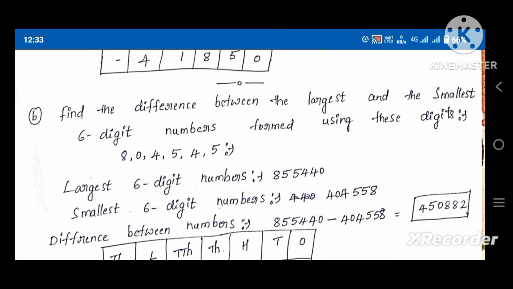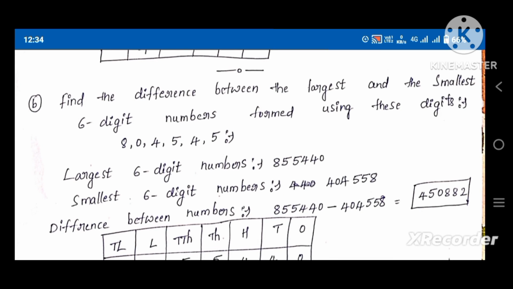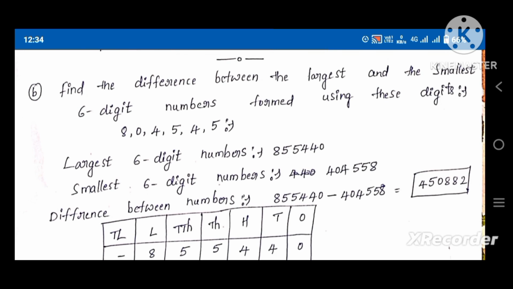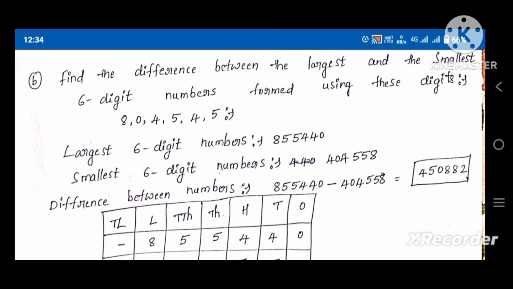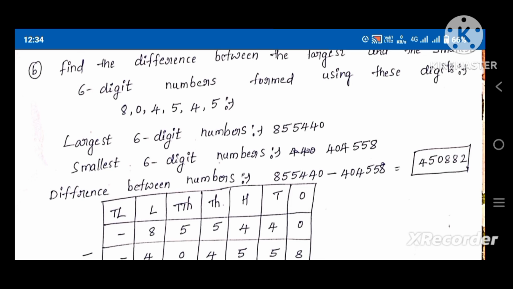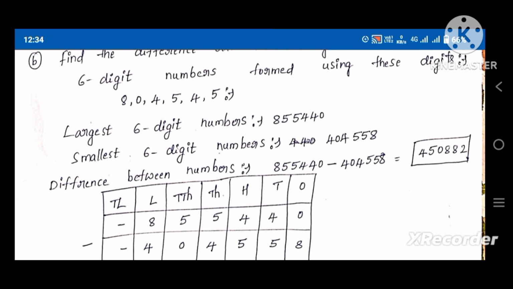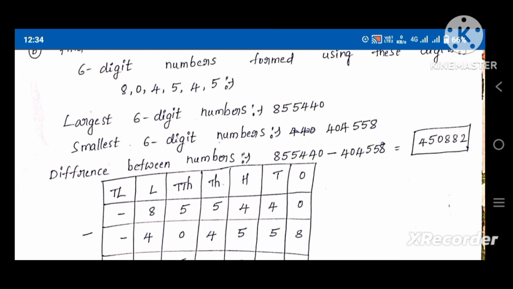Question number B. Find the difference between the largest and the smallest 6-digit numbers formed using these digits 804545. Largest 6-digit number from these 6 digits: 8,55,440.